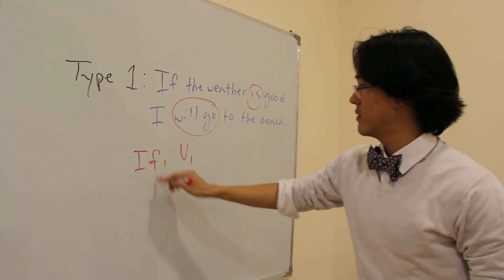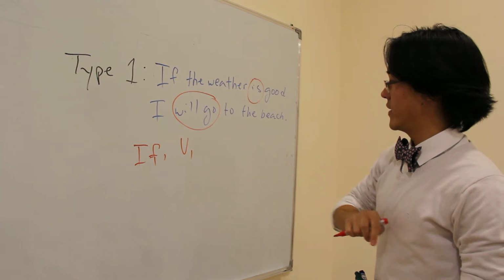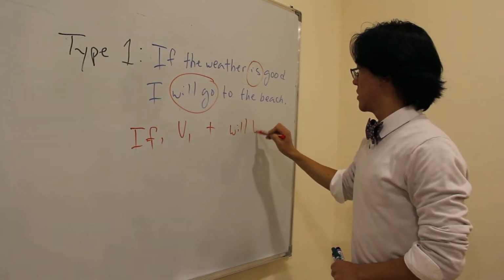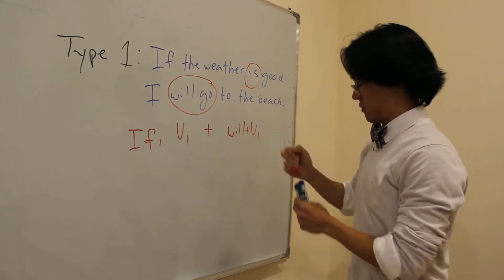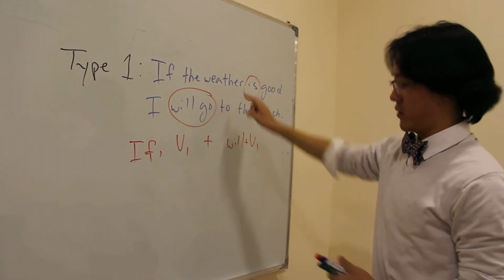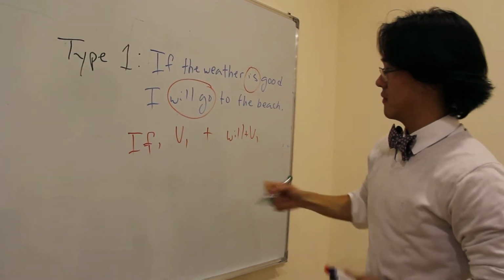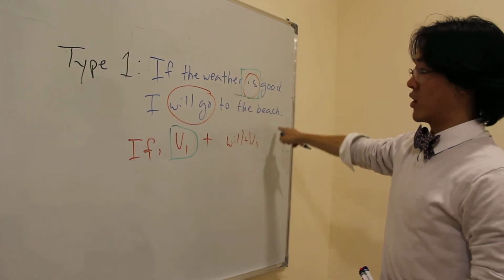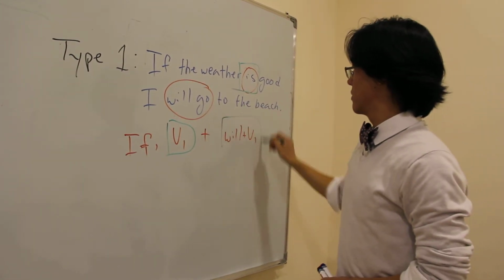With that being said, if plus verb 1. Okay, so in the first part of the sentence, if the weather is good, I will go to the beach.